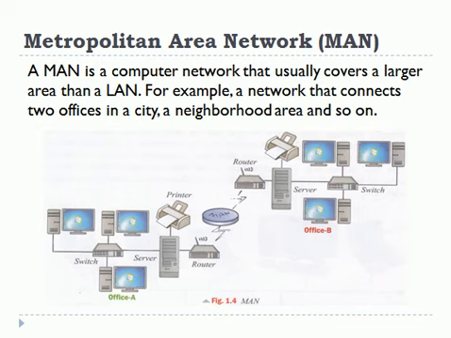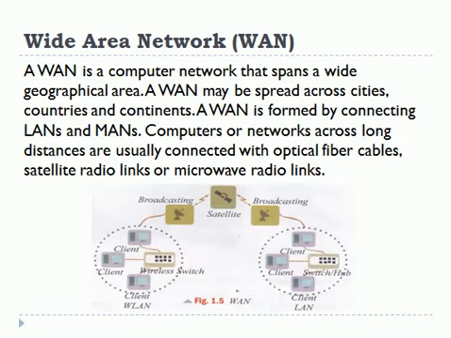If I have two offices in the same city and I connect them through some medium, I am establishing a network known as a MAN, Metropolitan Area Network. The next and last type of network is the WAN, Wide Area Network.